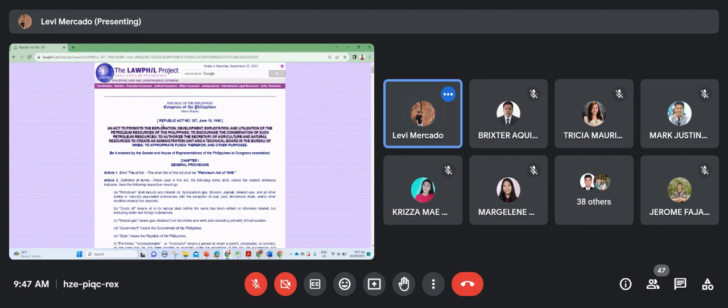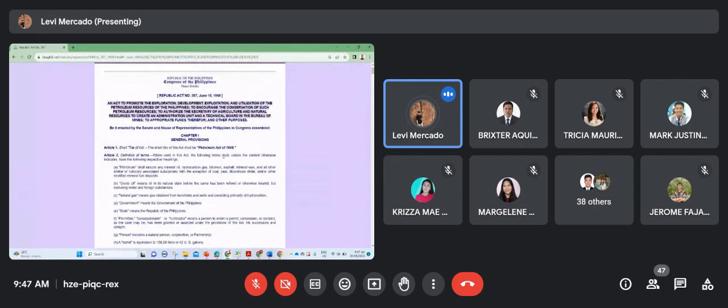It says here, is an act to promote the exploration, development, exploitation, and utilization of the petroleum resources of the Philippines, to encourage the conservation of such petroleum resources, to authorize the Secretary of Agriculture and Natural Resources to create an administration unit and a technical board in the Bureau of Mines, to appropriate funds therefore, and other purposes.